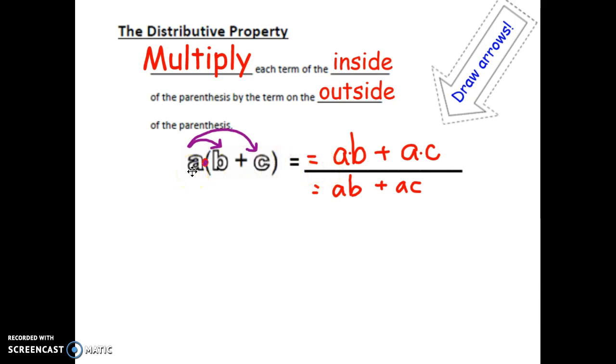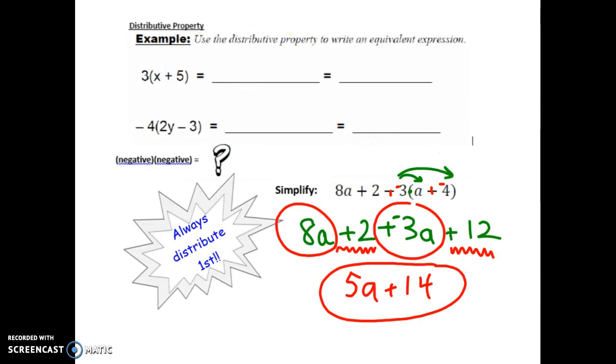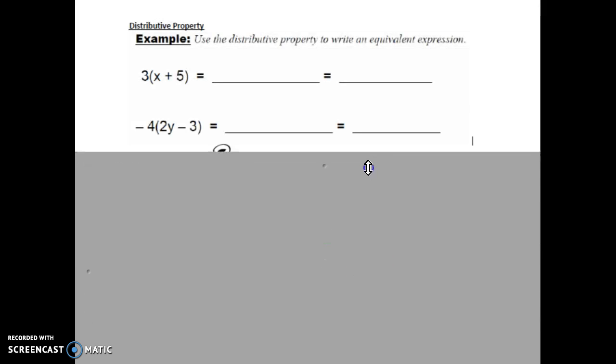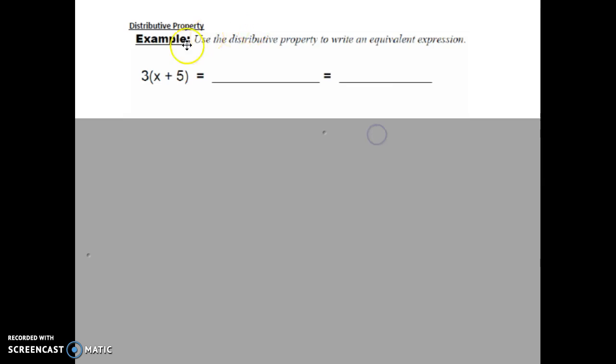Most of the time in math, like you've seen before, we use variables, but we also use constant terms or regular numbers. So if we come down to this portion of the paper, I'm just going to block that bottom part out for a second because I want to focus on this first problem.